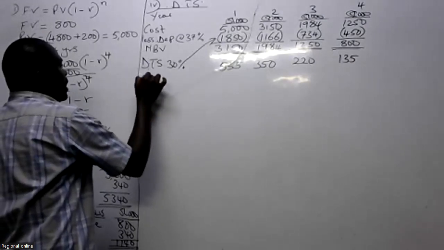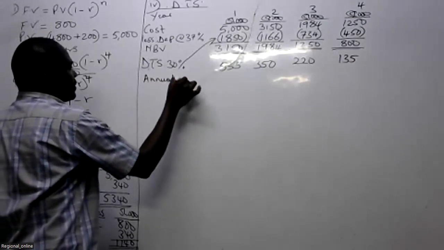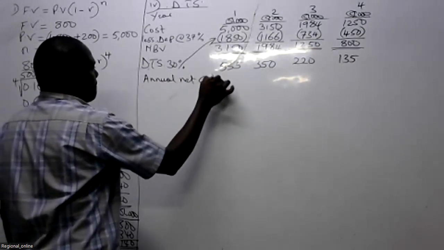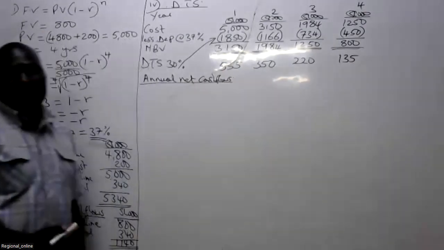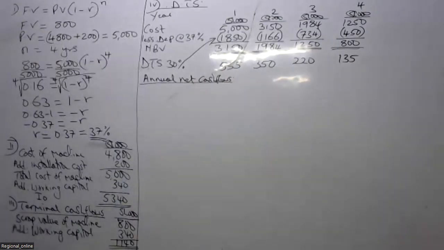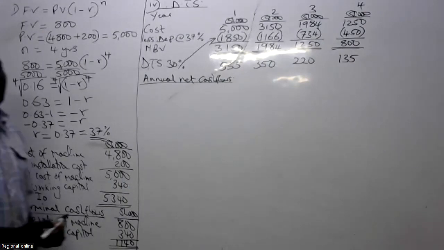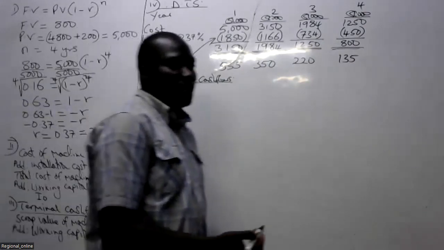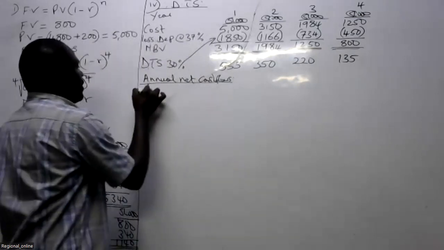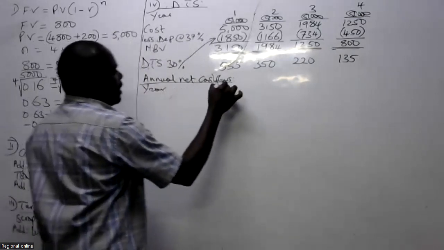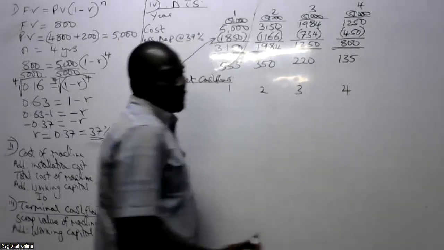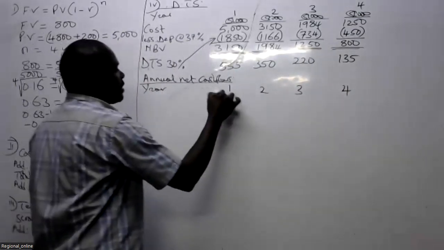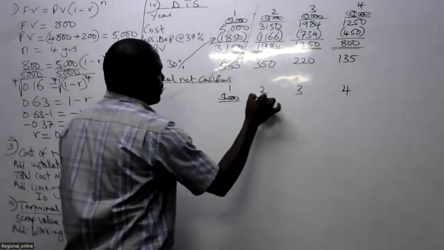So now, annual net cash flows. We'll have year 1 mpaka year 4. Cash flows in thousands of shillings.